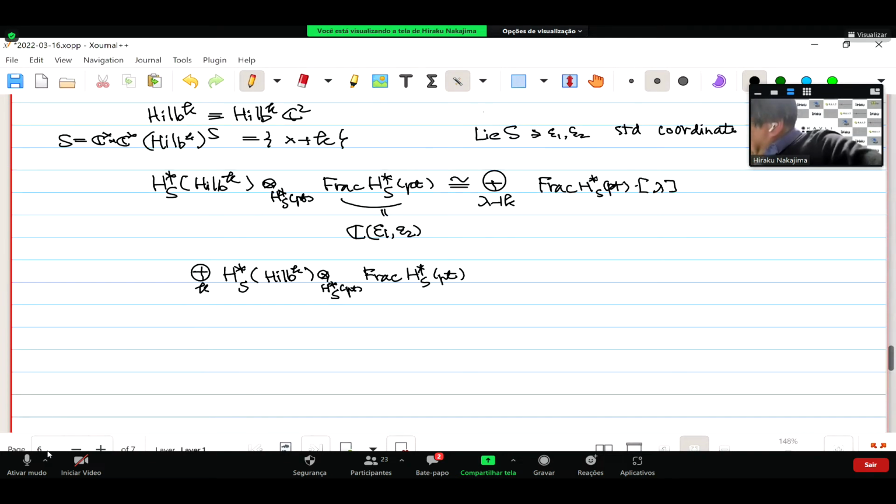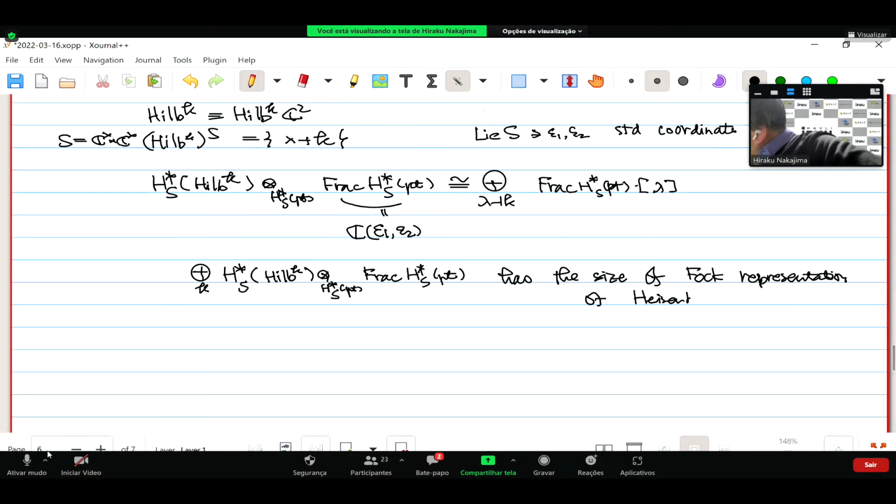This has the size of the Fock representation of the Heisenberg algebra.